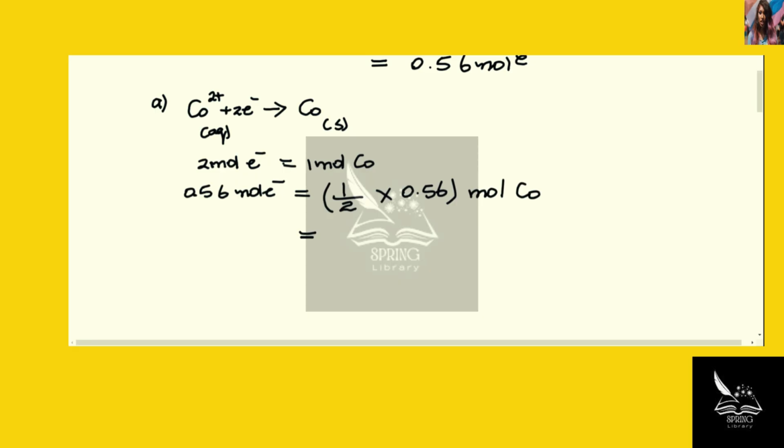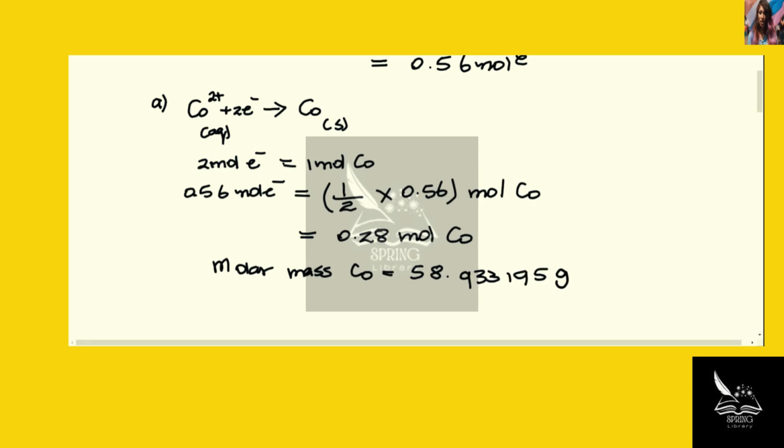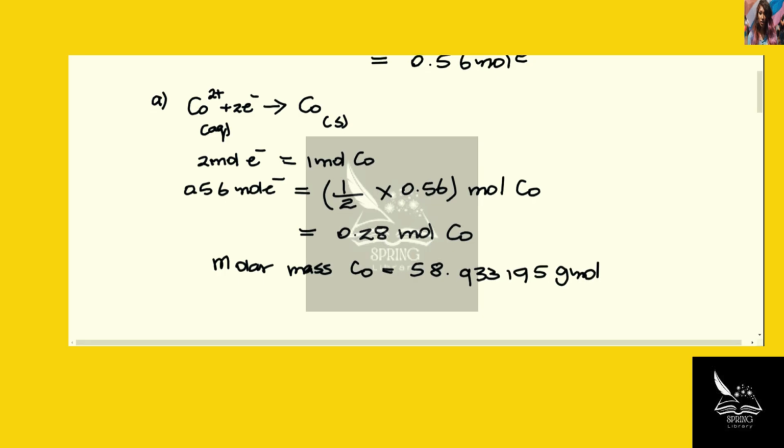And that is equal to 0.28 moles of cobalt was produced. The molar mass of cobalt is equal to 58.933195 grams per mole.